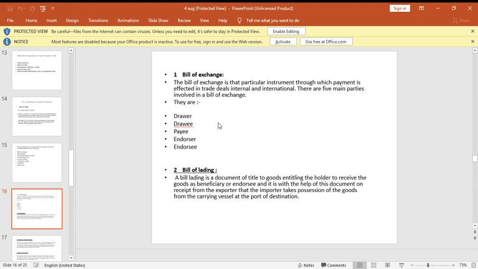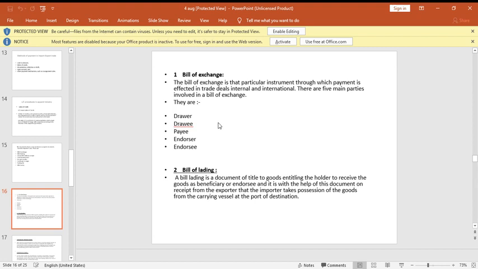They are drawer, drawee, payee, endorser, and endorsee. So how many parties are there? First drawer, drawee, payee, endorser, endorsee.